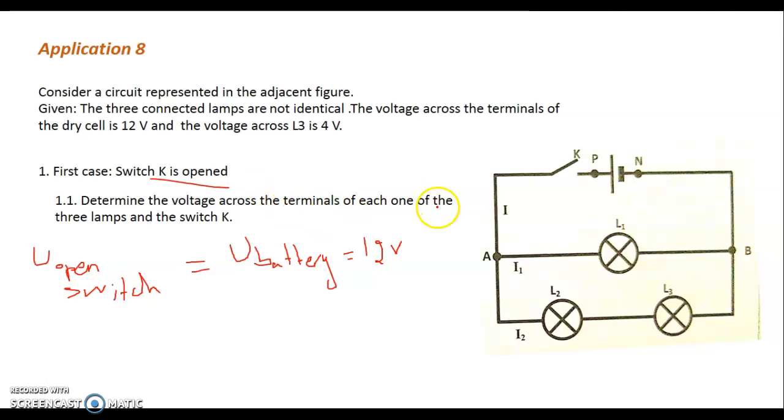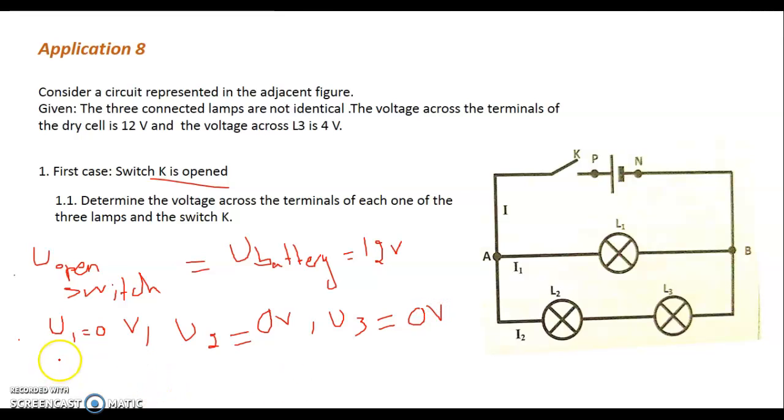Determine the voltage across the terminals of each of the three lamps. As long as we have an open switch, no current flows through the circuit, so U1 equals 0 volts, U2 equals 0 volts, and U3 is equal to 0 volts.